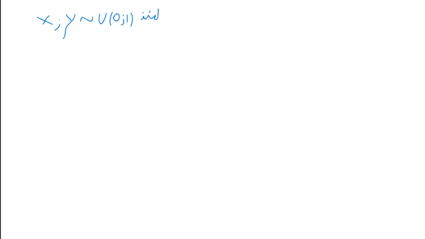Now, the distribution for x and the distribution for y plots like this, right? From 0 to 1, it's a uniform. So you have the same probability for every single point.